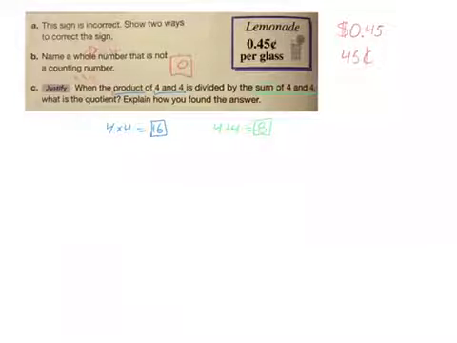Then we want the product divided by the sum, so that would be 16 divided by 8. I got that from here and here. What is the quotient? We want to know the answer. What is 16 divided by 8? Well, the answer is 2.